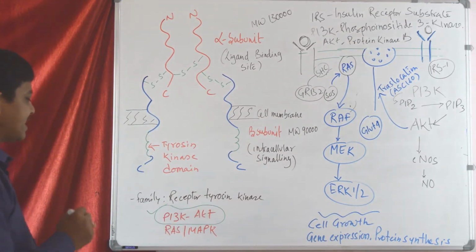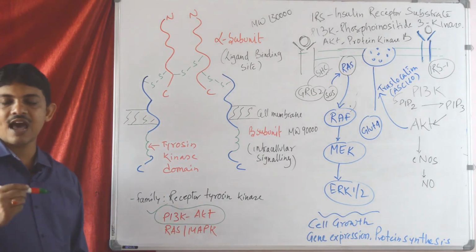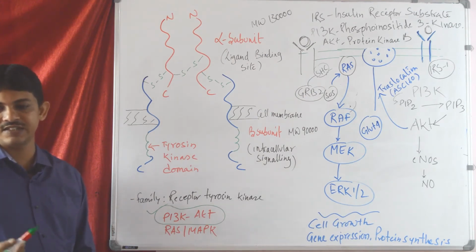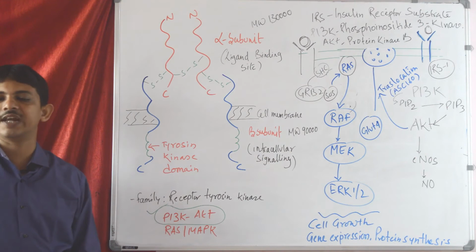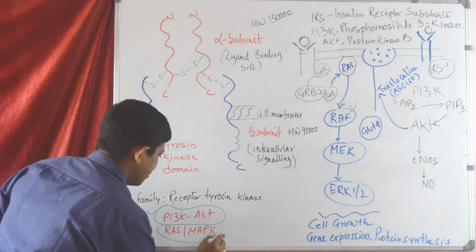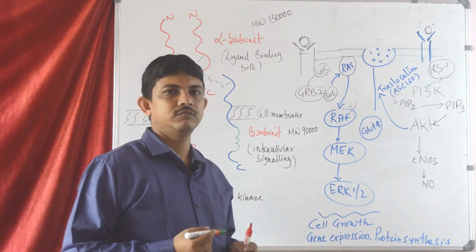Another is the RAS and MAPK pathway, RAS and mitogen activated protein kinase. So they will act by these two different mechanisms.